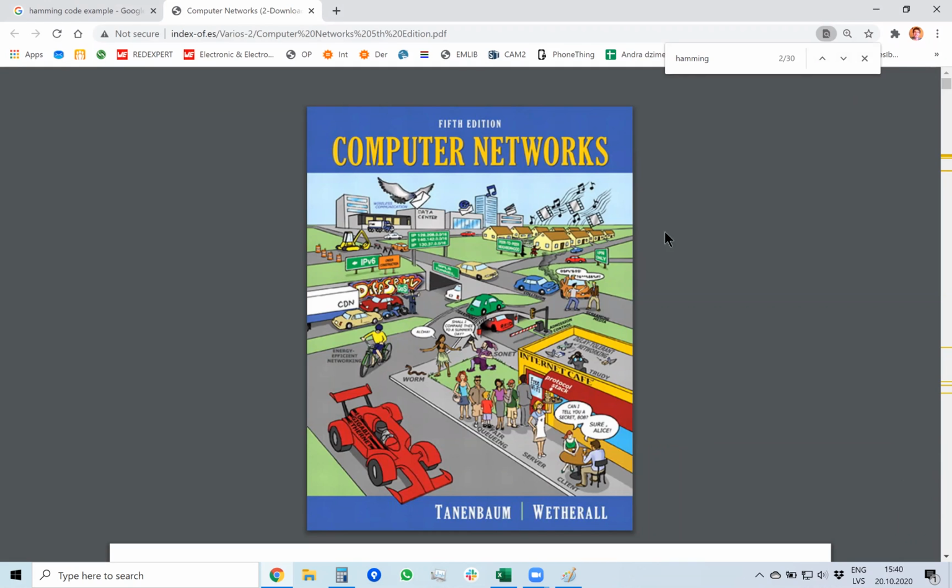So this is a standard book that people would study for computer engineering. At the same time, it has a lot of information also for electronics engineers. It covers everything from radio transmission and cable transmission and some problems to error detection and error correction codes.